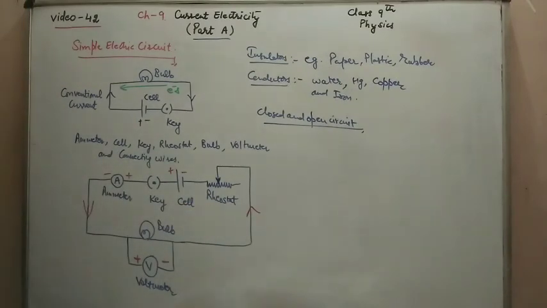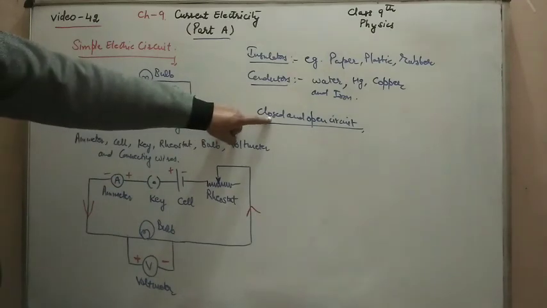So closed circuit condition is when all the components of the electric circuit through which the current can pass, it means all should be conducting. So that particular circuit can be considered as closed.